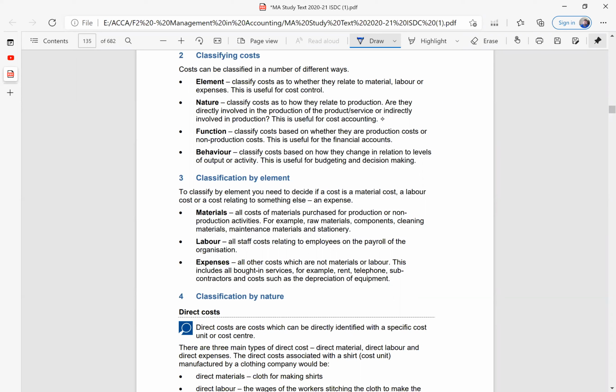Behavior tells you whether the cost is going to increase or decrease with the level of activity, or is it going to stay constant? Now, when you know how you're going to classify your cost, you'll understand the cost better. Now, classification by element.